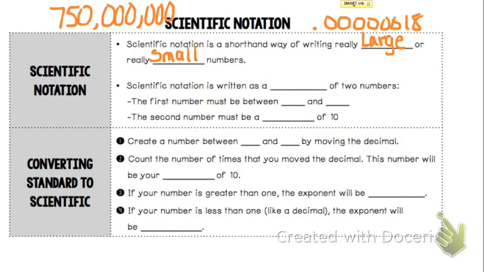So scientific notation is written as a product, and remember product is multiplication, of two numbers. The first number must be between 1 and 10, and the second number must be a power of 10.